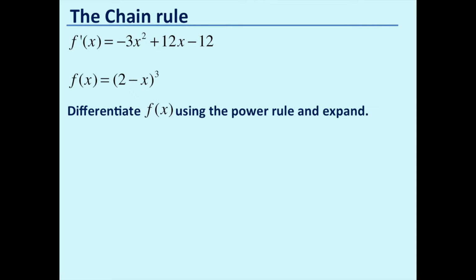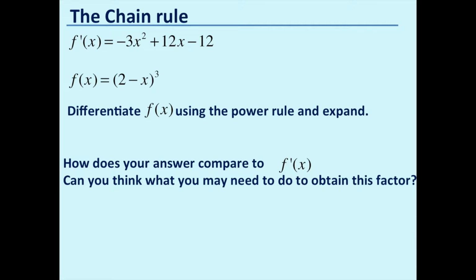What I want you to think about now is what happens if we take this function here and we differentiate it using the power rule. So, if you do that, how does that compare to the answer that we've found up here?